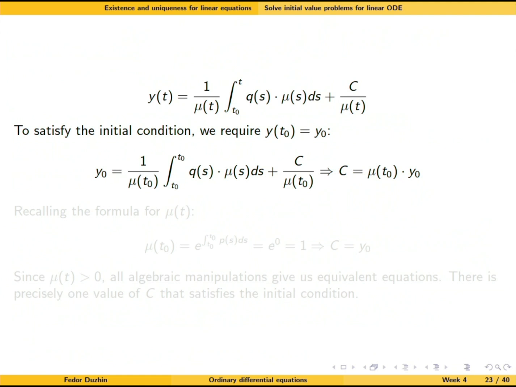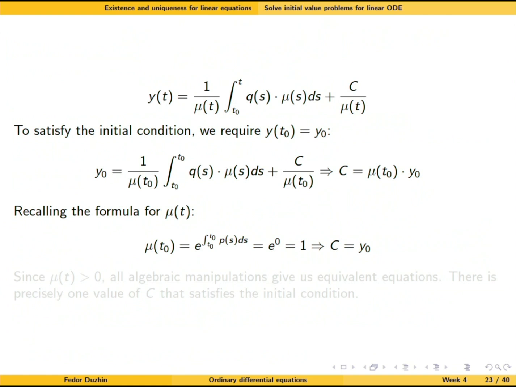So C equals mu of t0 times y0. But then recall that mu of t0 was given by a specific formula. If we let t equal t0 in that formula, then we have the integral from a certain point to the same point, which is 0. So solving for C, we find that C equals mu of t0 times y0.